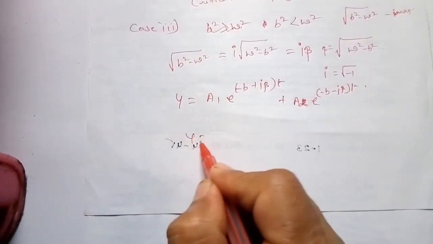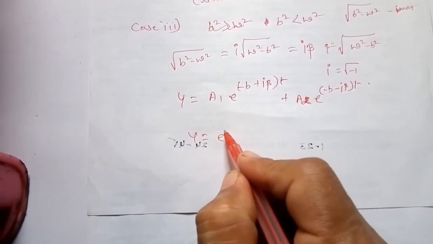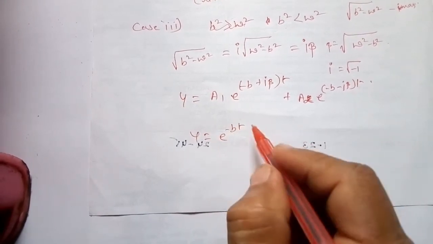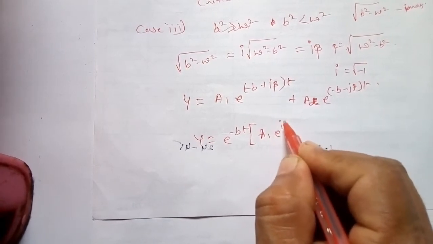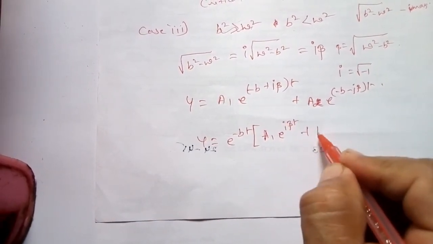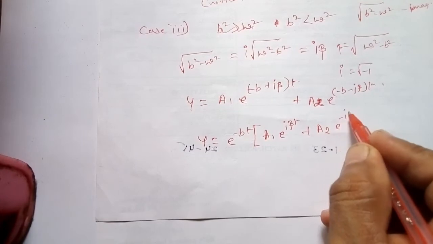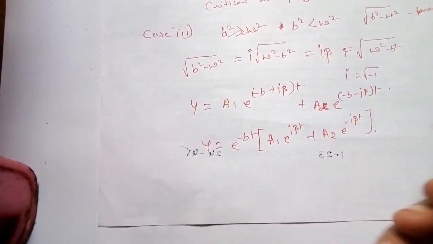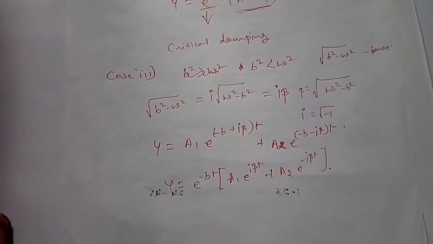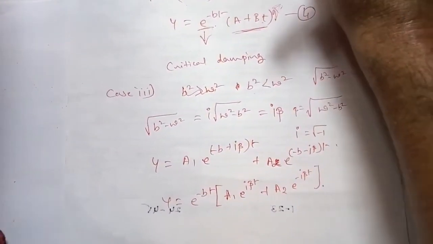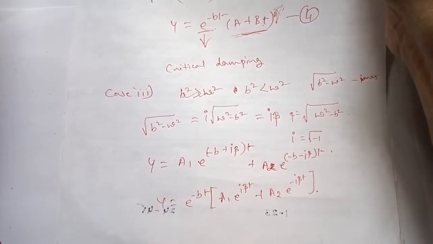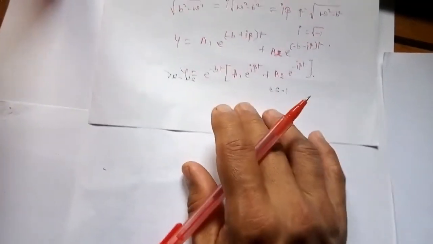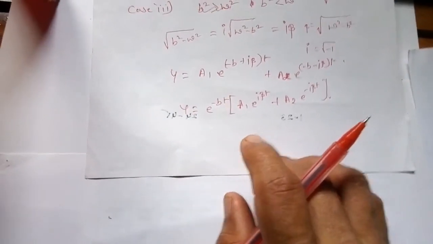So y is equal to e to the power minus bt, as it is common, times a1 into e to the power i beta t plus a2 into e to the power minus i beta t. Okay, so the exponential term can be written in terms of cos and sine. Alright, let us see how exactly to go about it.